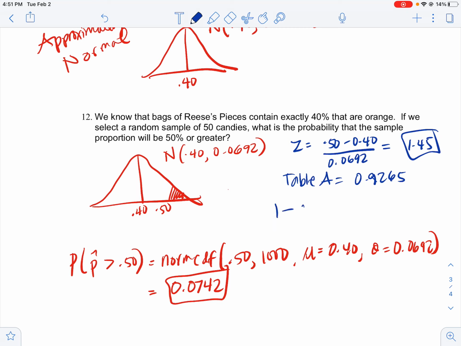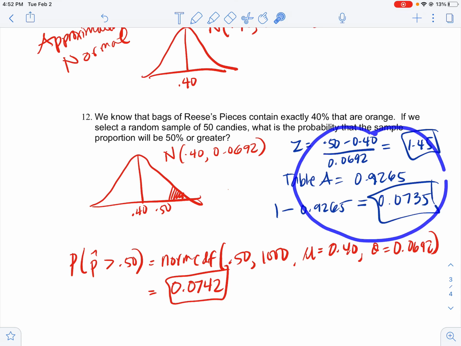So that's 1 minus 0.9265, which is 0.0735. It doesn't exactly match my calculator and my table, but they are around 7%, so that's okay. You need to really make sure that you mention which one you used, because if you use the table, you have a slightly different answer from using the calculator.